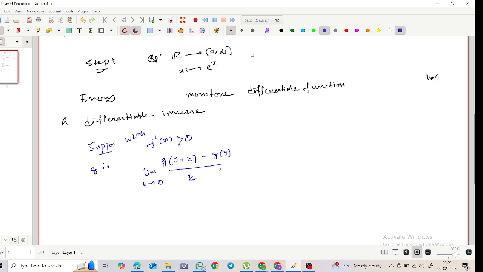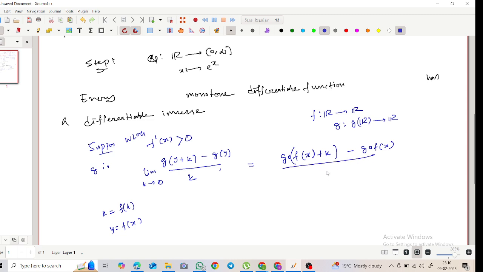Now, so clearly the inverse, if f is from R to R, then g will be from f of R, the range, to R, right? So you can write k equals f(h) and y equals f(x). Okay. So thus you get g of f of x plus k minus g of f of x by f of h, right?